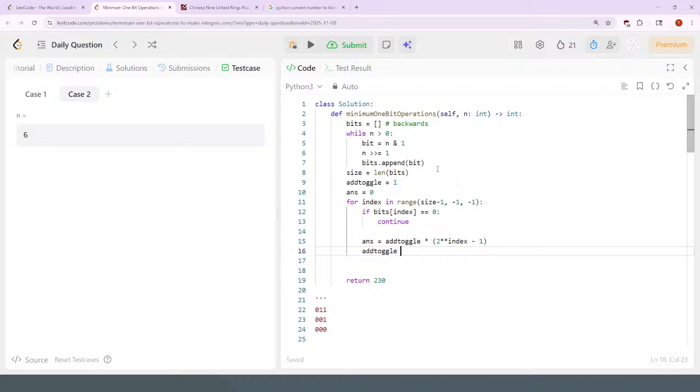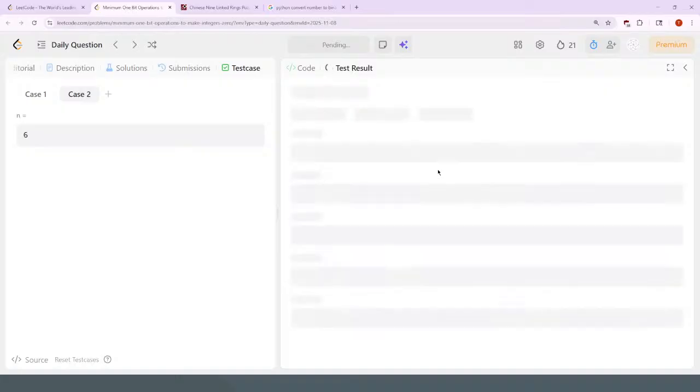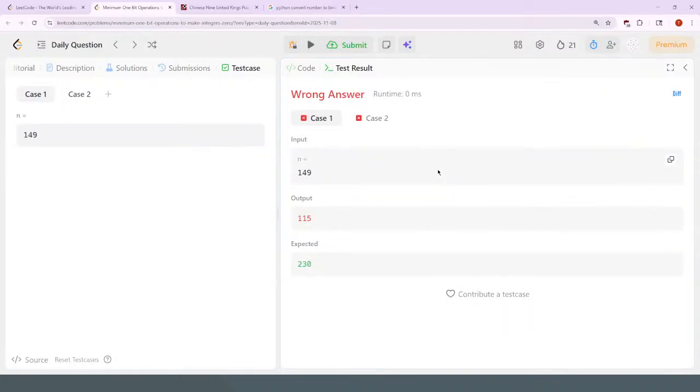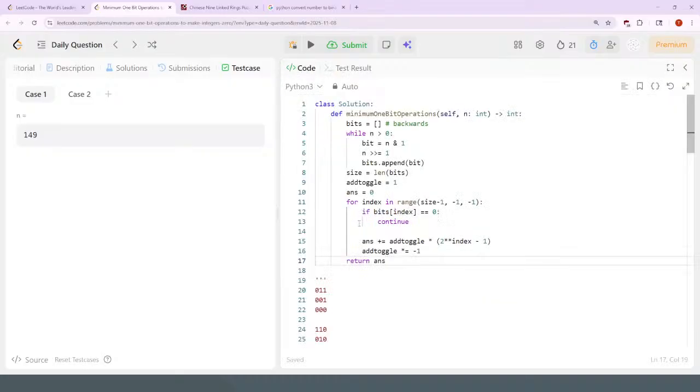Add toggle times equals -1. And I think that's, oh, there should be plus equals. I think that might be right. Oh, not even close. Okay.